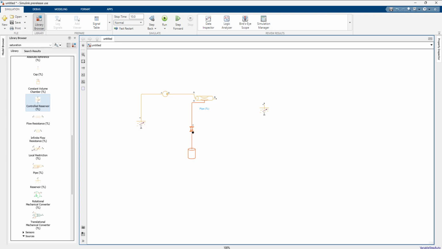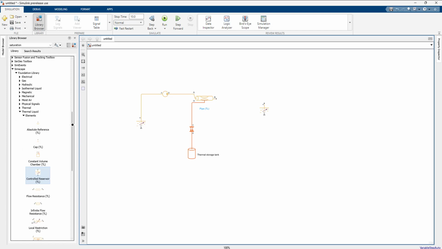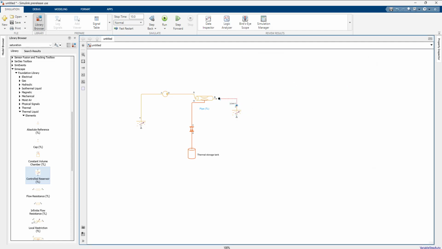So I connect this component to this, and I name this the thermal storage tank. And also connect this one.